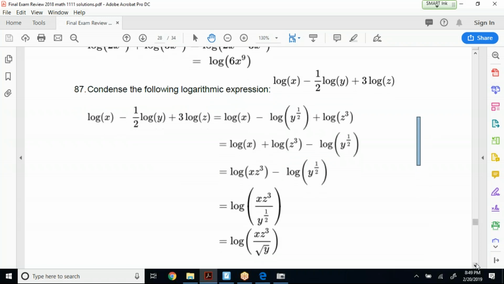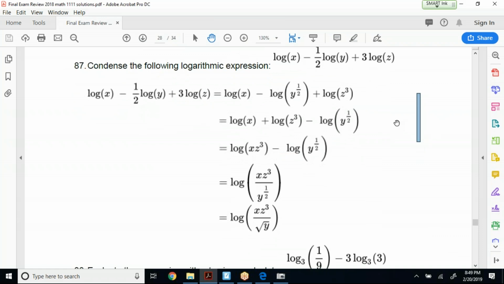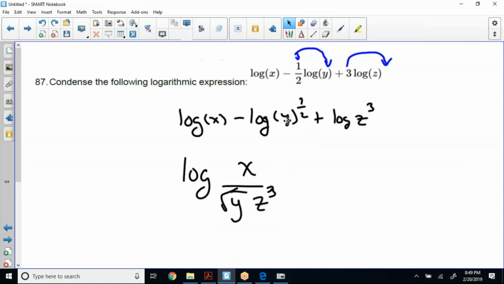Okay, hold up, guys. Okay. They switched these. But that's in order. I wouldn't have done. Well, okay, hold up. Let's think about this.